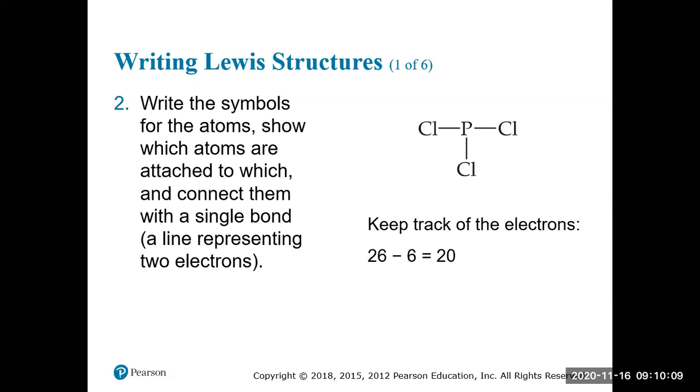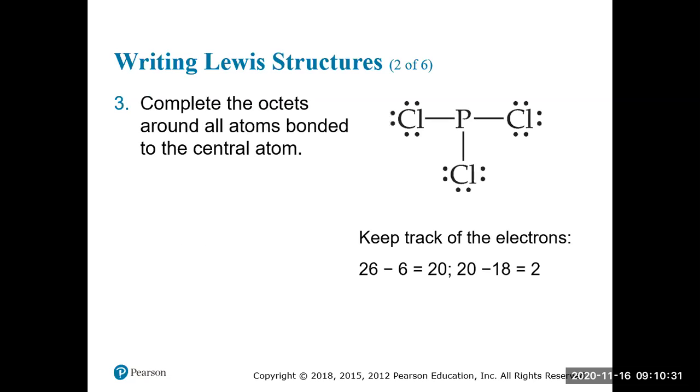We have 3 chlorines, and each involves 2 electrons being shared, so we've used a total of 6 electrons just by connecting the chlorine atoms to the phosphorus atom. Now we're down to 20 electrons we still have to place.